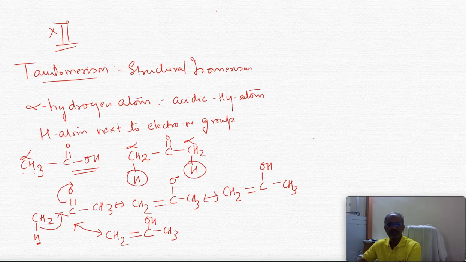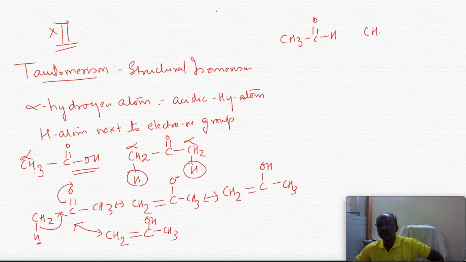Similarly, I will take another example. Take CH3 C double bond O H. This is nothing else but acetaldehyde. Acetaldehyde can also be written as CH2 H C double bond O H. Fine.